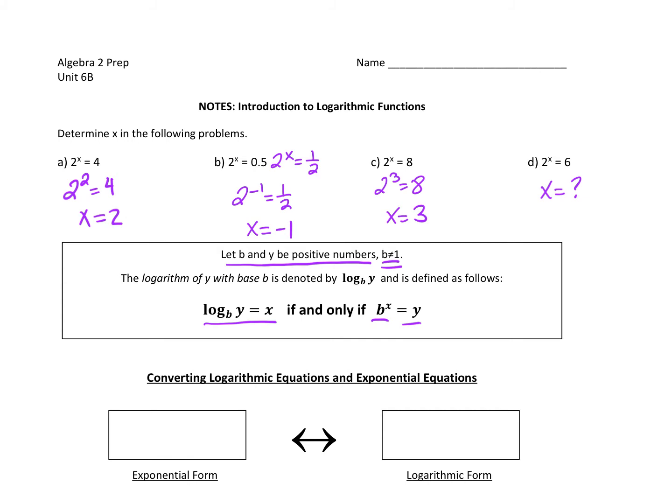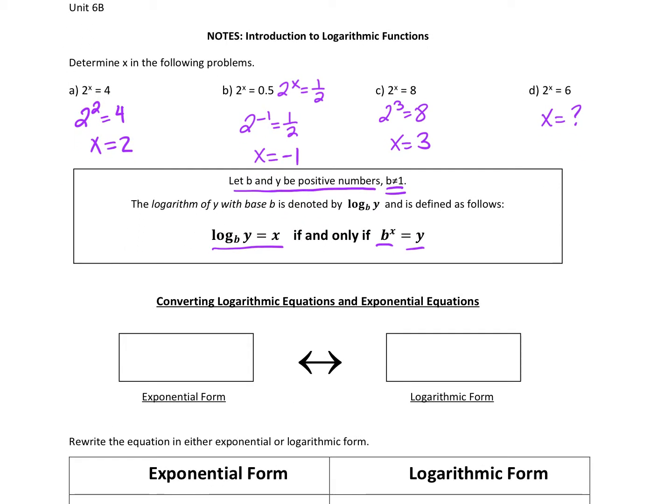If I have exponential form, b to some power x equals y, to turn it into logarithmic form, I would take log of the base b, the same b is there, of y equals x. So the base b is also the base of the log, x is what the log is going to equal, and y is the argument: log base b of y equals x.